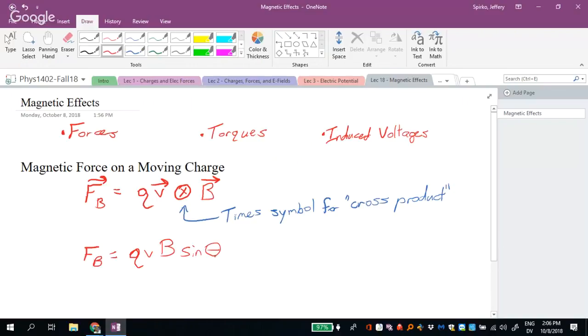So the multiplication of Q times V vector cross product with B vector is sort of equivalent to just taking the Q value, the V value, and the B value and just multiplying them as magnitudes. And then include this factor of sine theta. And what does that do?